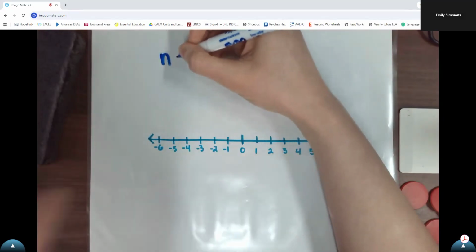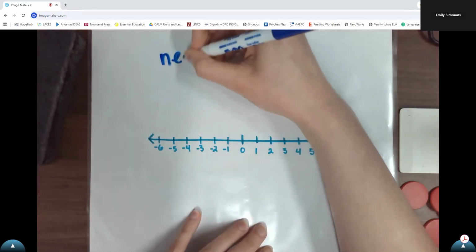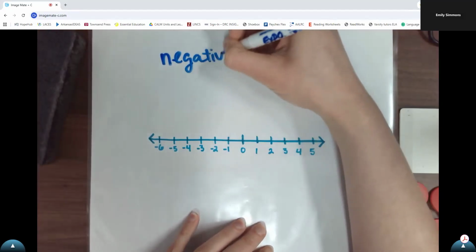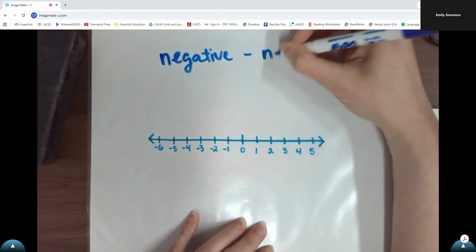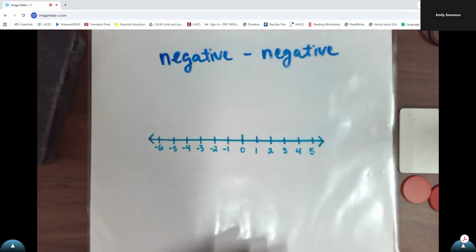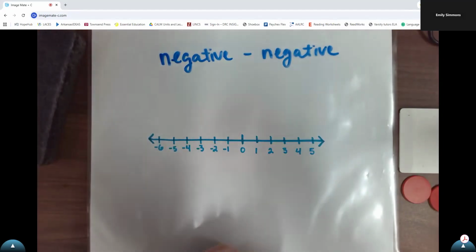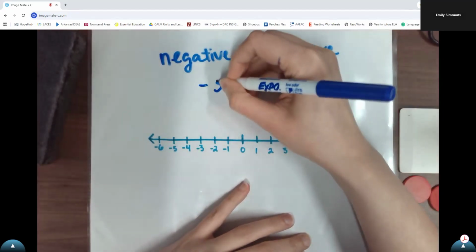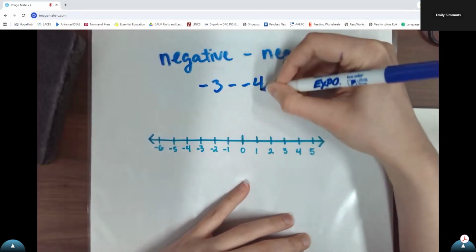So the last scenario we could have is a negative minus a negative. And these could have positive or negative answers. We had negative 3 minus negative 4.